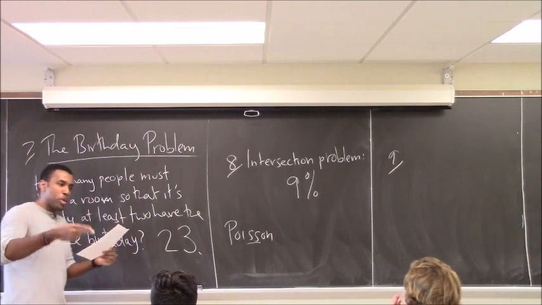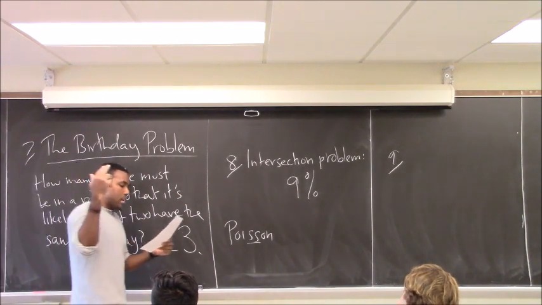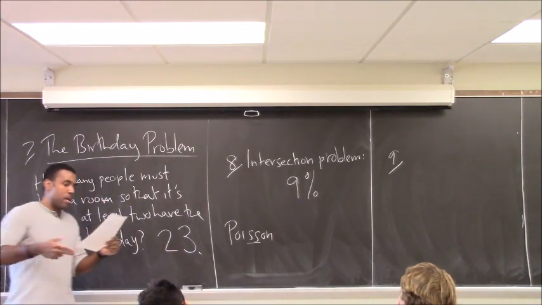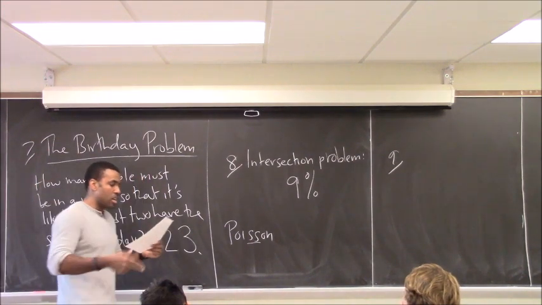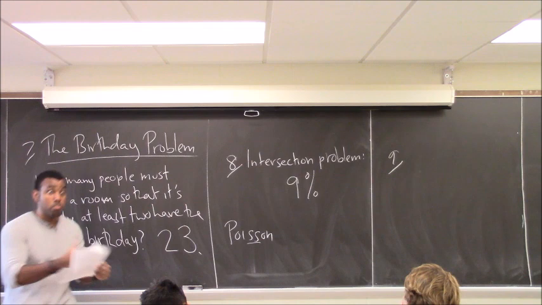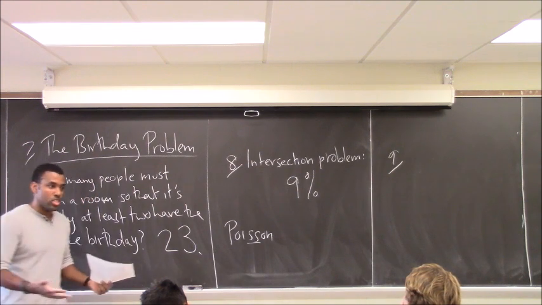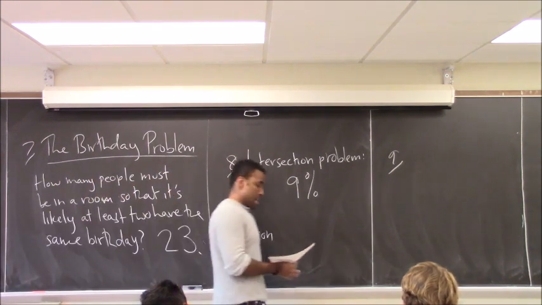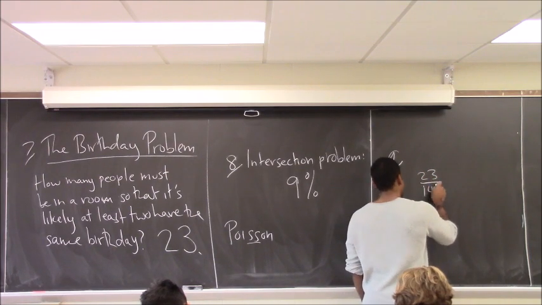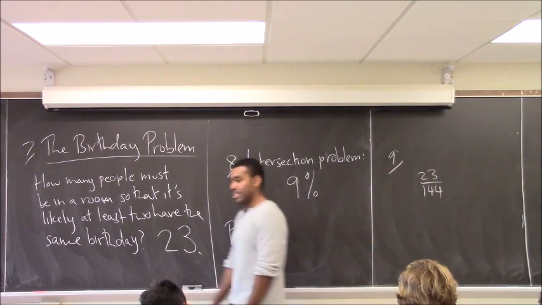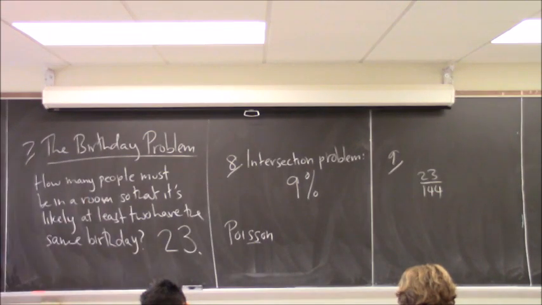You have 2 people get to a train platform every day between 5 and 6 p.m. They'll stay for 5 minutes. What is the chance that on some day they're actually going to meet? They'll actually stumble into each other. And it turns out that the probability of that is 23 out of 144.